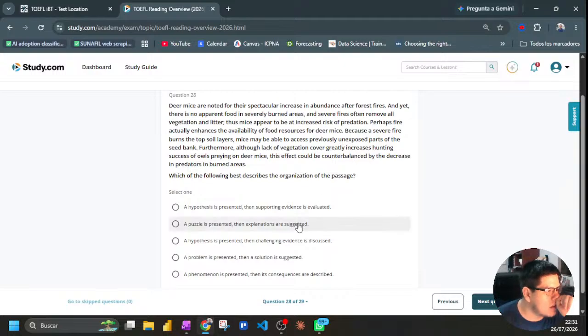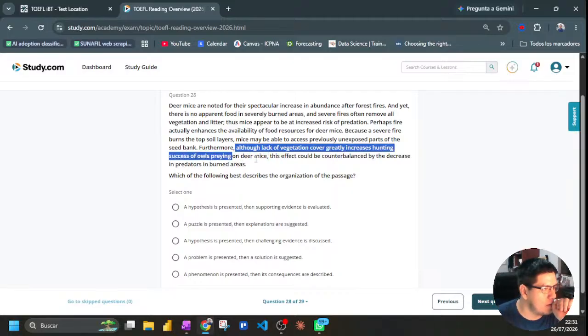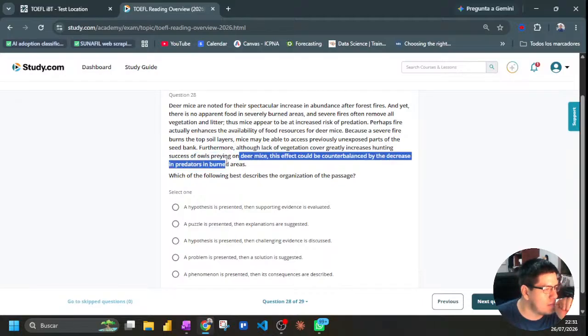Mice may be able to access cover, and a reduction in hunting success could be counterbalanced by the decrease in predation.